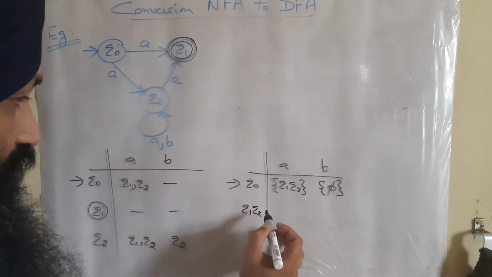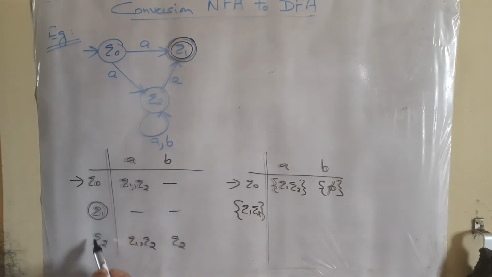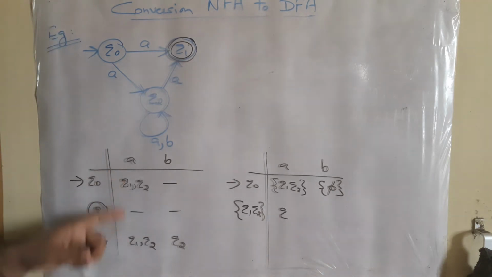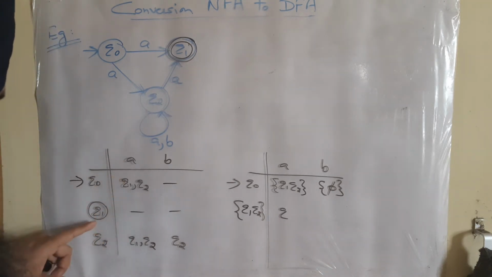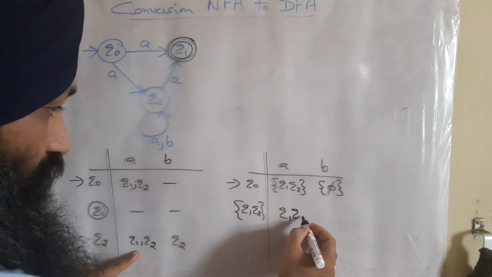Now as for the new state Q1, Q2, we get the union of the rows of Q1 and Q2. So with respect to A, we are able to get the same state, that is Q1, Q2.